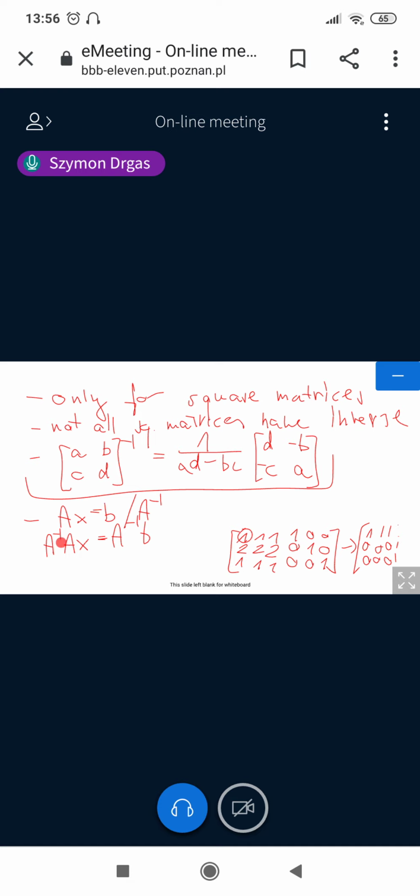So then you have A inverse times A is identity, times x is A inverse times b. Identity times x is just x.